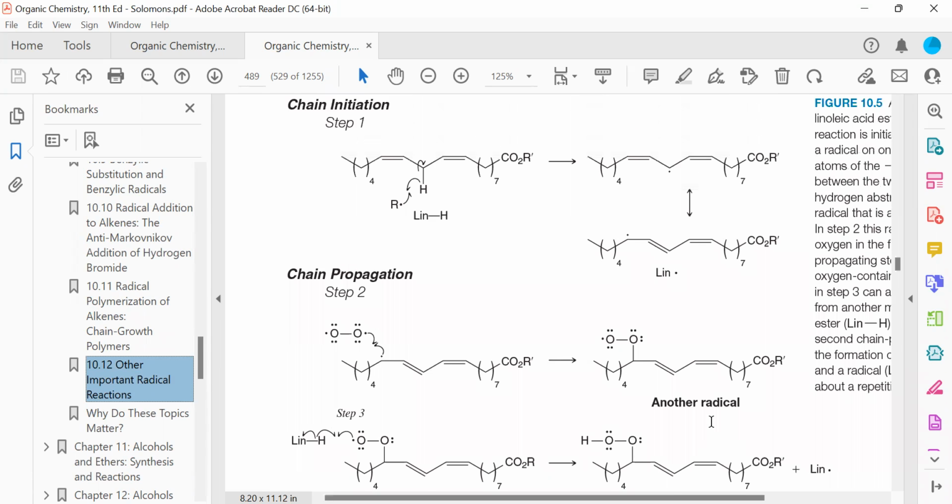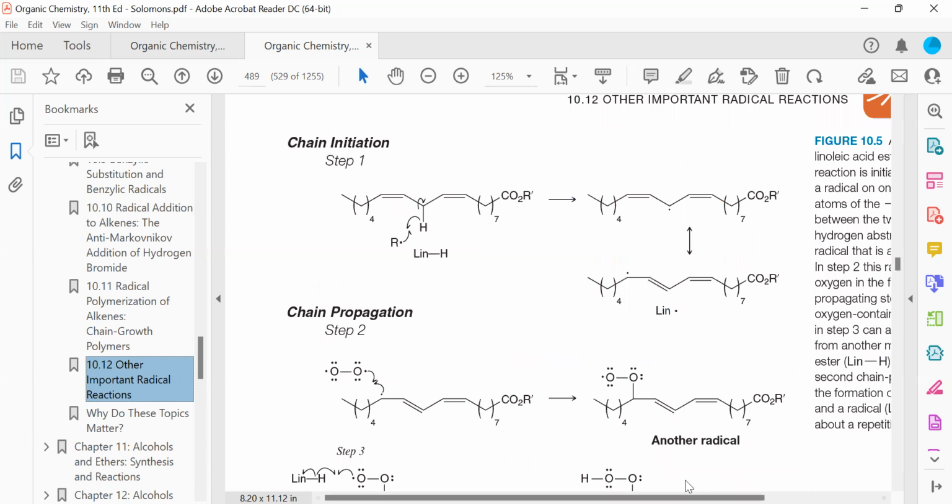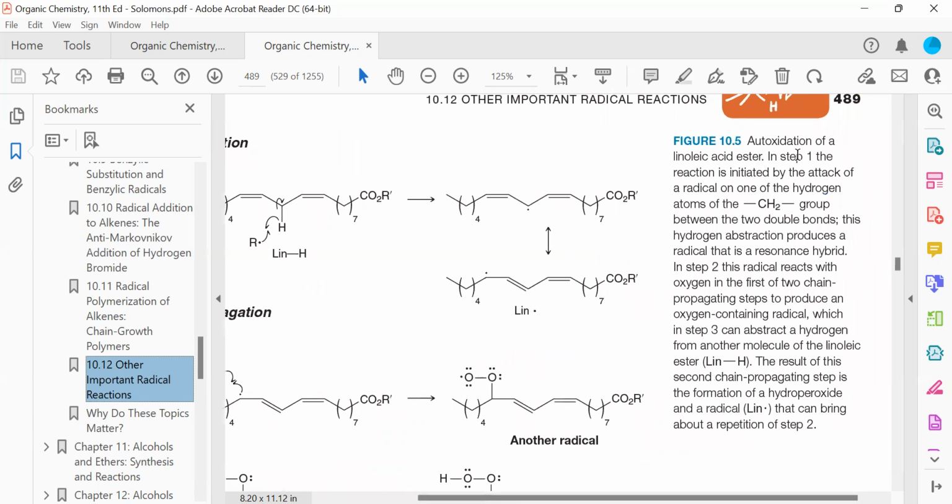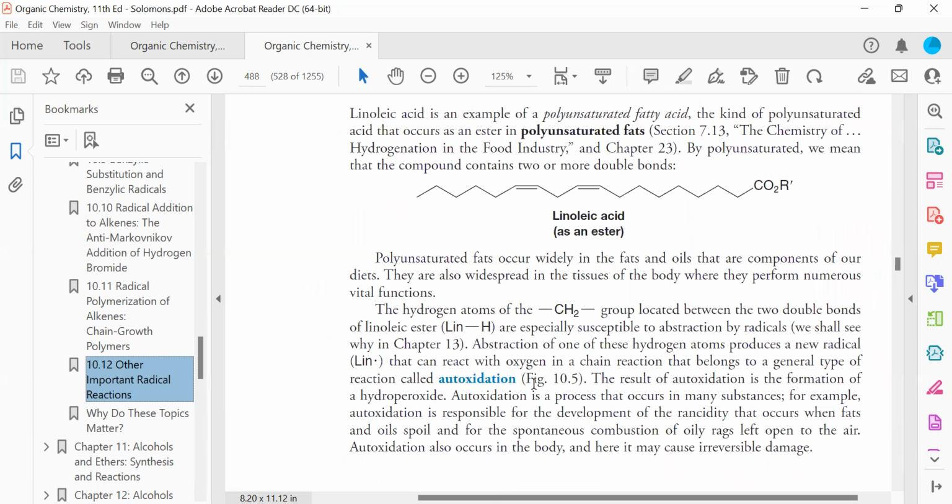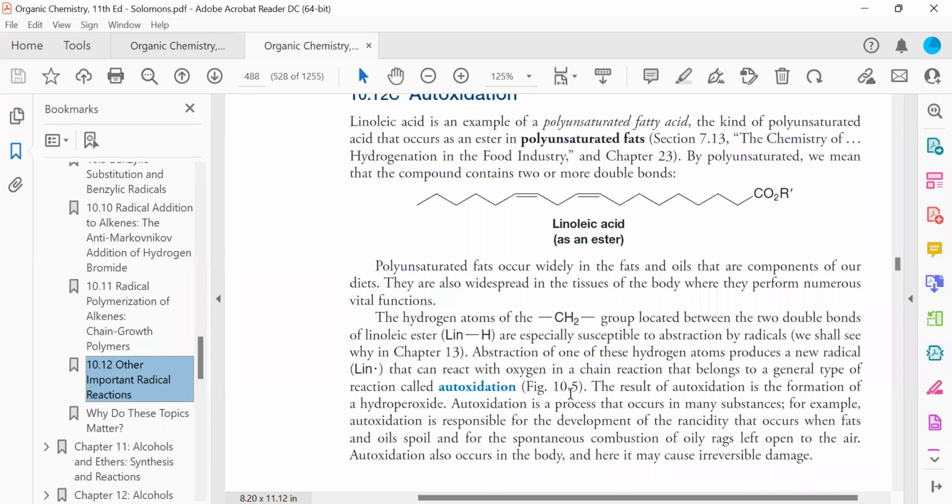So this is the process that we see, the auto-oxidation of our fatty acids. The example here is the linoleate ester. And this is a common reaction that we see when you have rancidity of foods, spoilage of food.